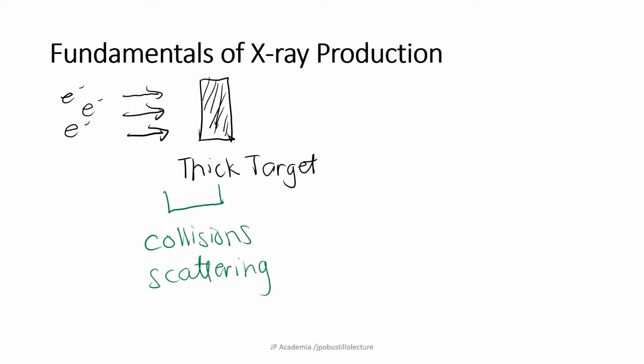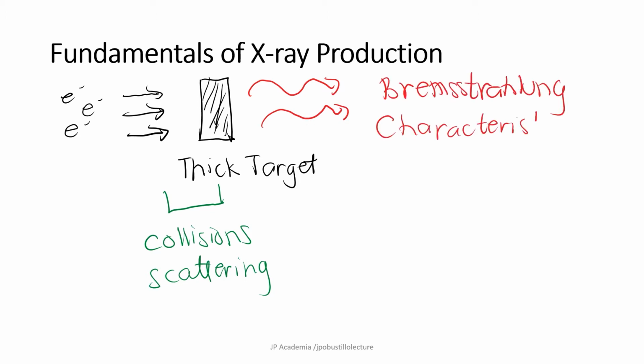It may involve complex collisions and scattering processes, and during the slowing down process, the result can be Bremsstrahlung X-ray or characteristic X-ray. This is a simplified approach in discussing this process, and this mainly involves the interaction of the incoming electron with the nucleus or its interaction with the electron of the target.